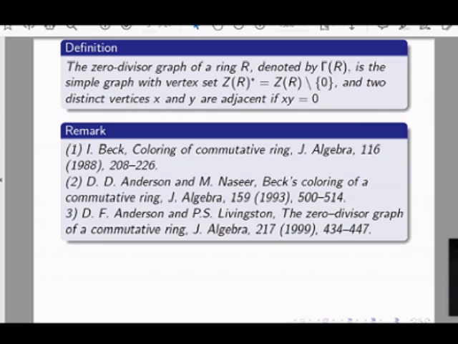So for the classical zero divisor graph of a commutative ring, your set of vertices are the non-zero zero divisor elements of the ring, and two vertices are connected by an edge if and only if when you multiply them you get zero.